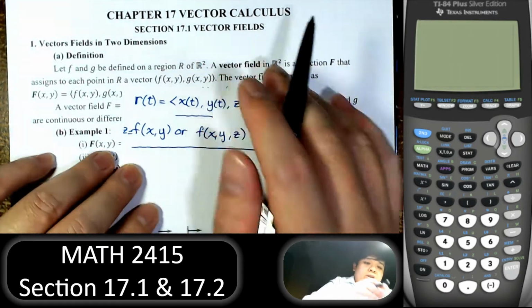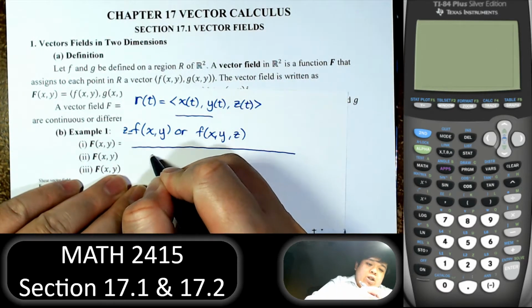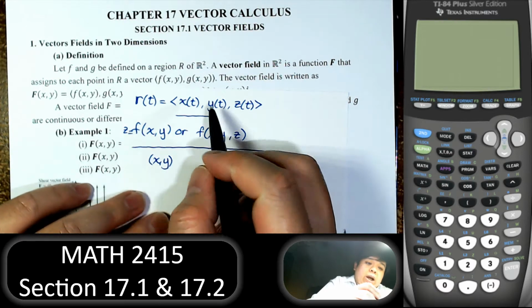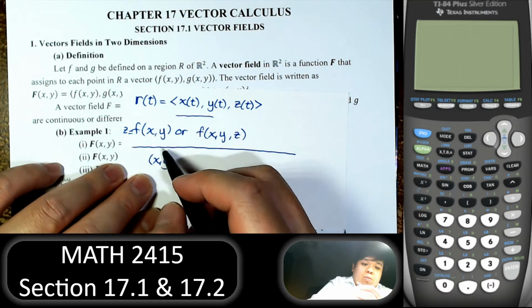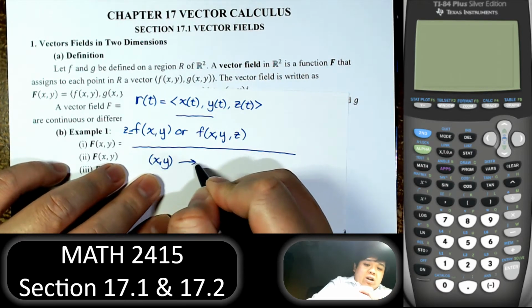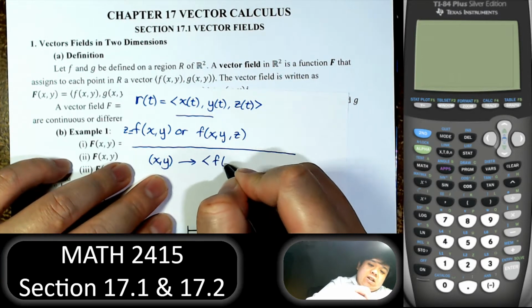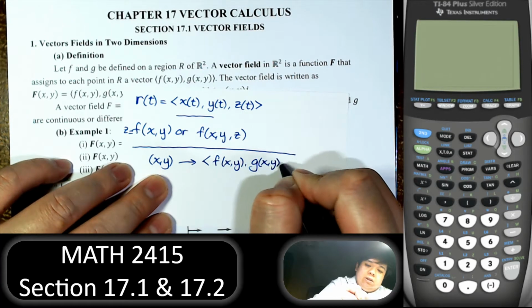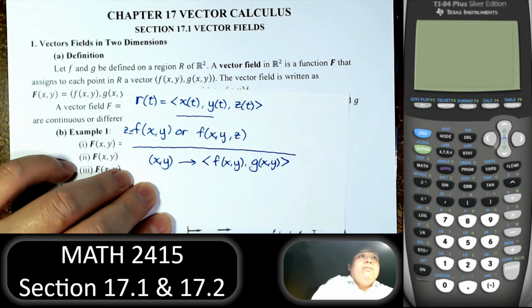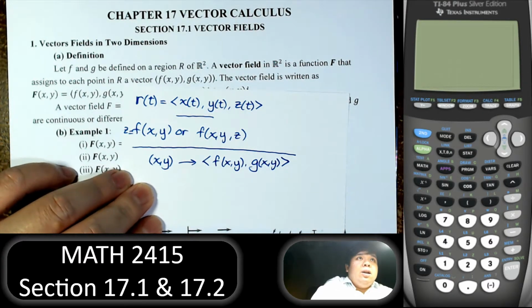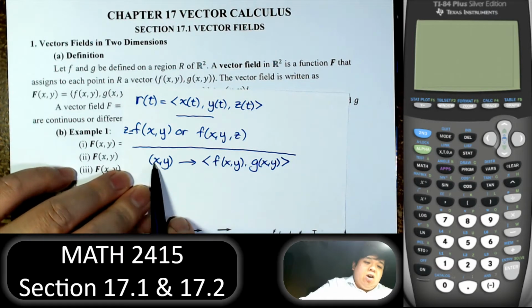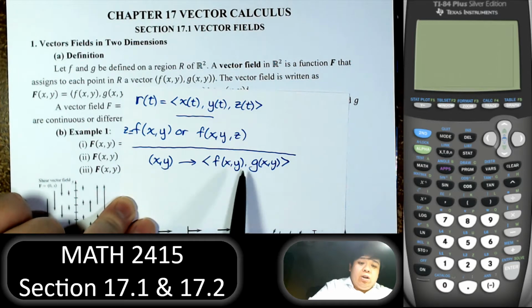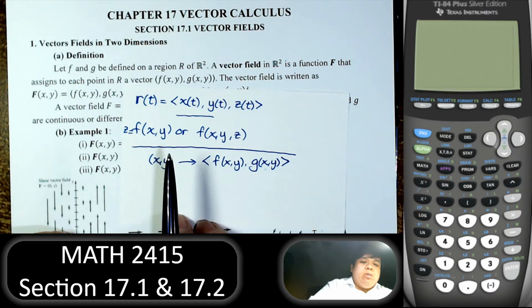So for a vector field, we have two variables x and y, and for each one of them, we assign a vector. So it's like a function of two independent variables and then two dependent variables.